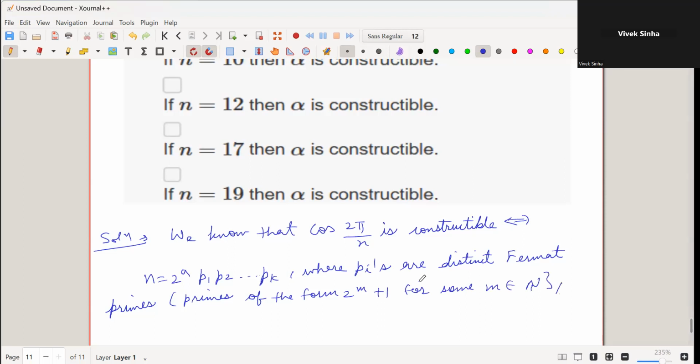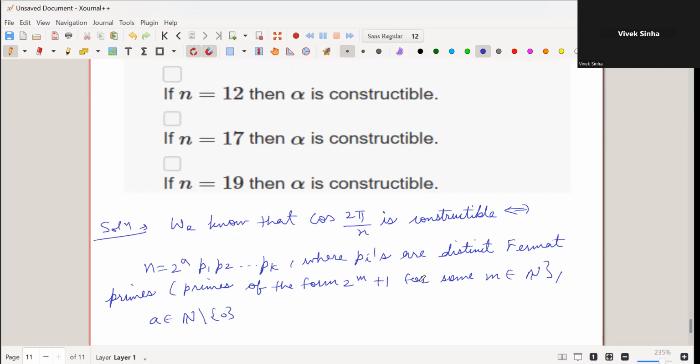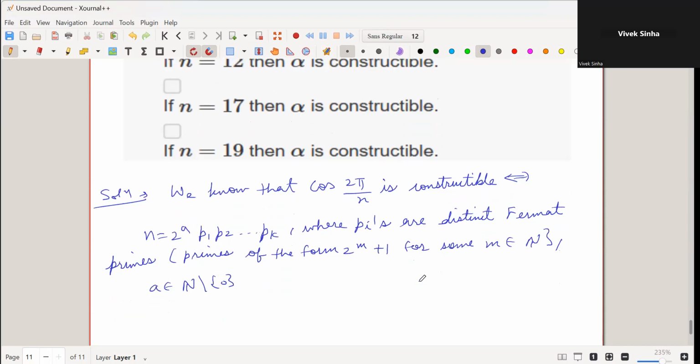And also you have a greater than or equal to 0, a belonging to natural numbers union 0. Not just a, k can also be 0. It may happen that there is no prime in the product, just a power of 2, then also it will do.